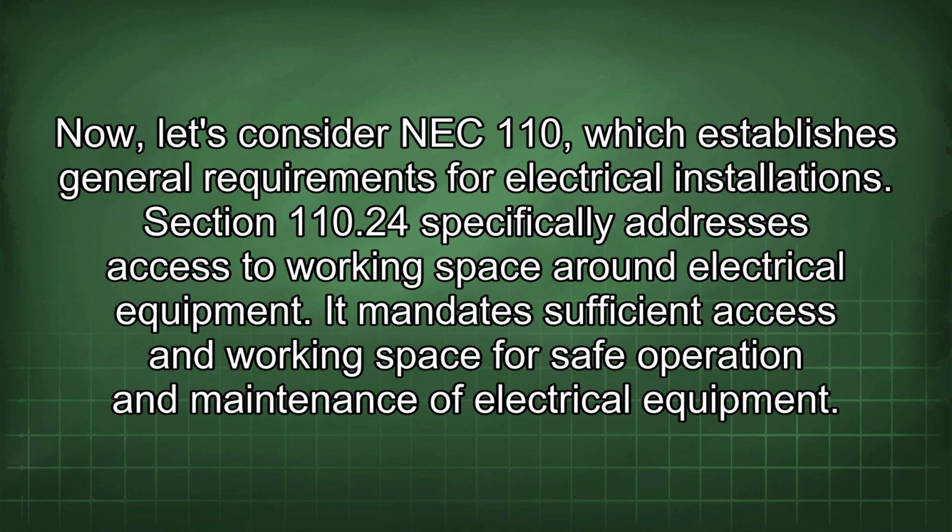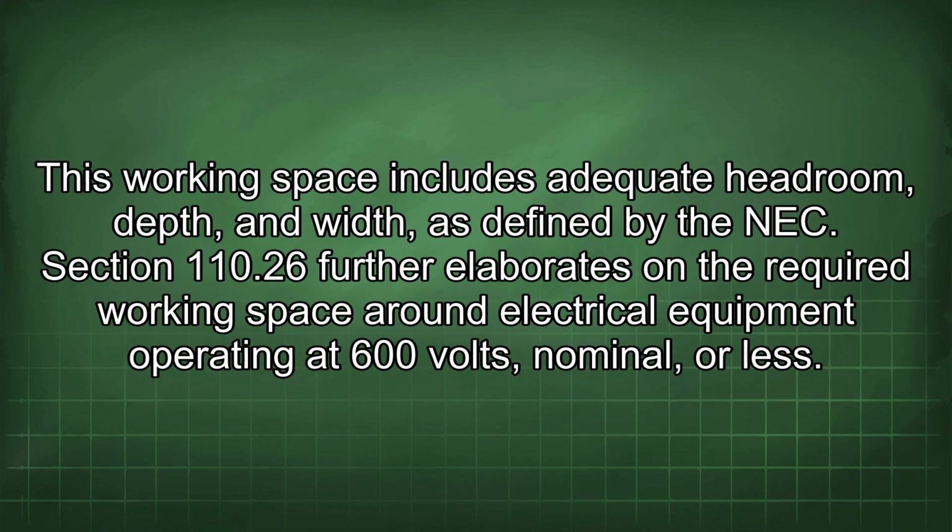Now let's consider NEC 110, which establishes general requirements for electrical installations. Section 110.24 specifically addresses access to working space around electrical equipment. It mandates sufficient access and working space for safe operation and maintenance of electrical equipment. This working space includes adequate headroom, depth, and width as defined by the NEC.